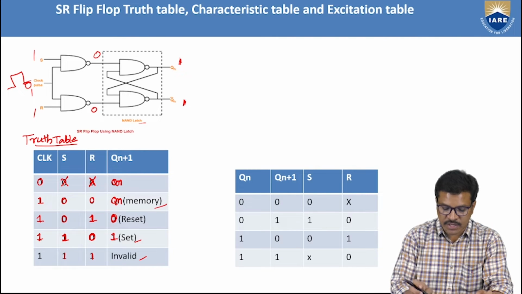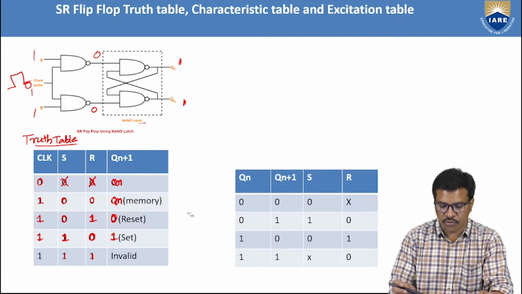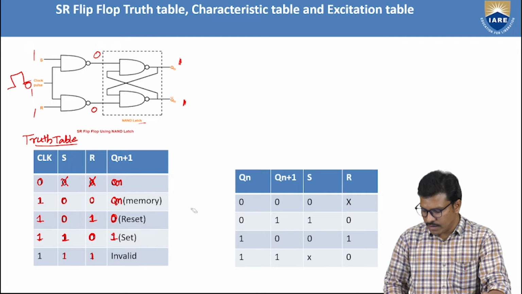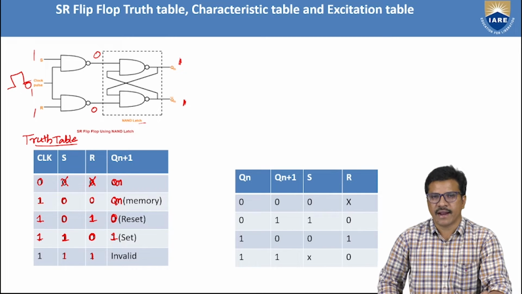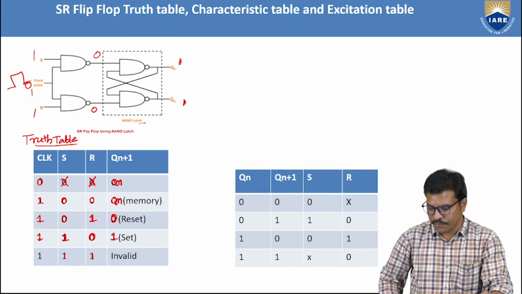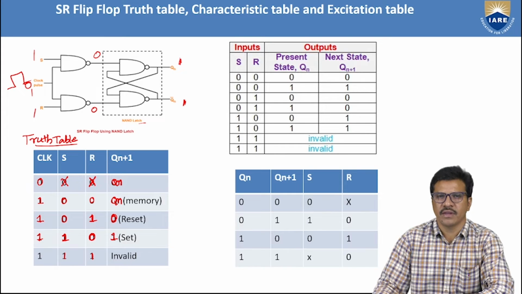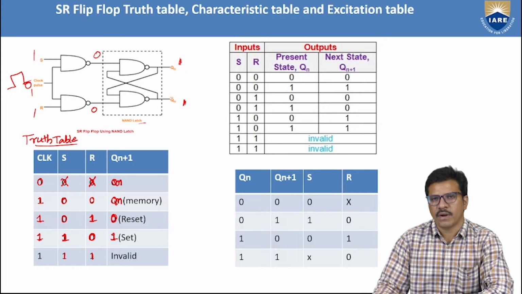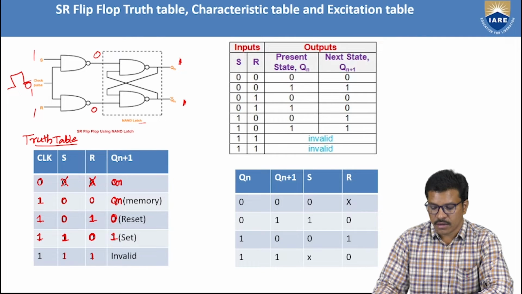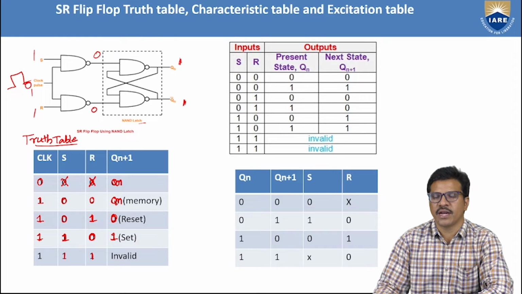Now with the help of this truth table, we can generate the characteristic table. The characteristic table gives the relation between input and output, but in that case, for what input and present state combination we get what corresponding next state.